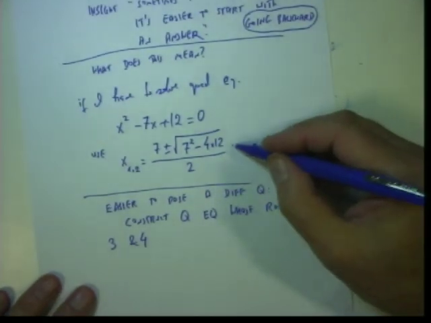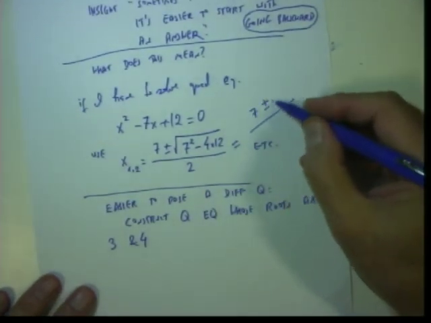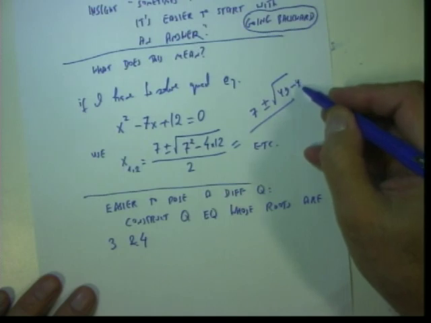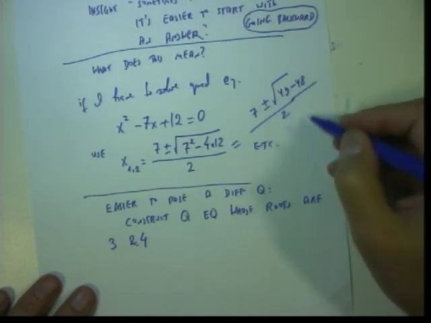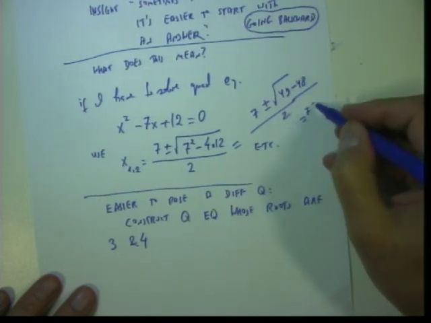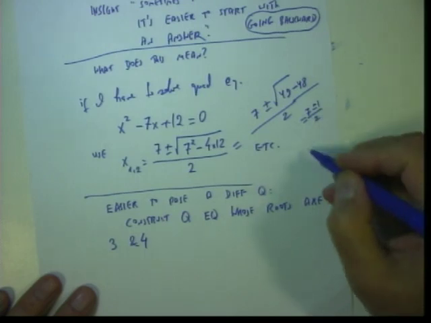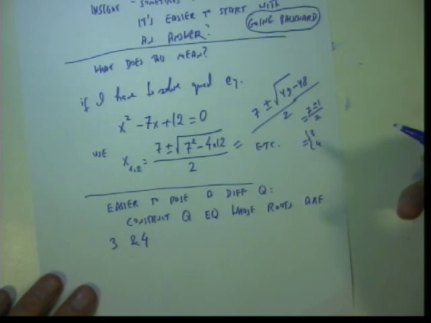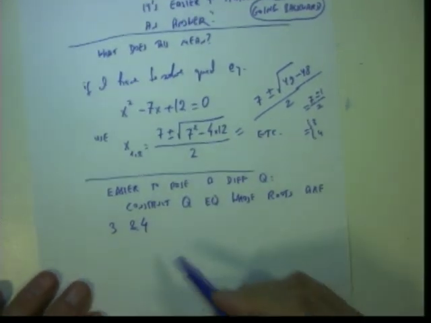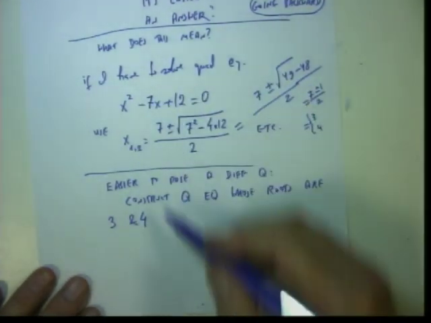In this particular case, that will be 7 plus minus the square root of 49 minus 48, divided by 2, equals 7 plus minus 1, divided by 2. So this is 3 and 4. So this is a much easier task than to do this solution.